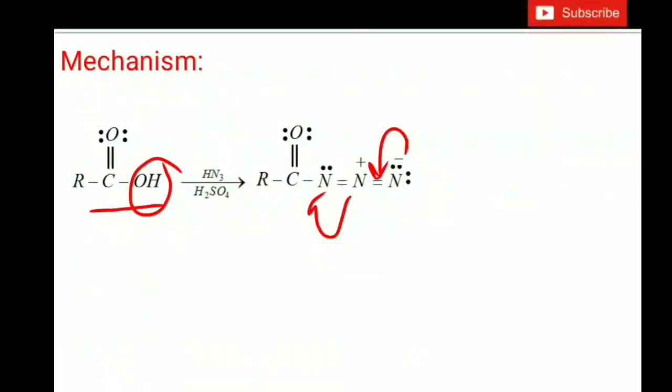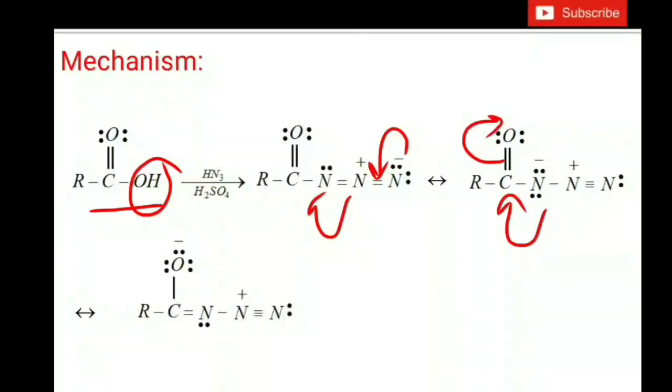So this structure will be transformed into another structure like this. Even in this structure you can see the conjugation between the negative charge on this nitrogen atom and the multiple bond present here between carbon and oxygen. So there is a possibility of delocalization.